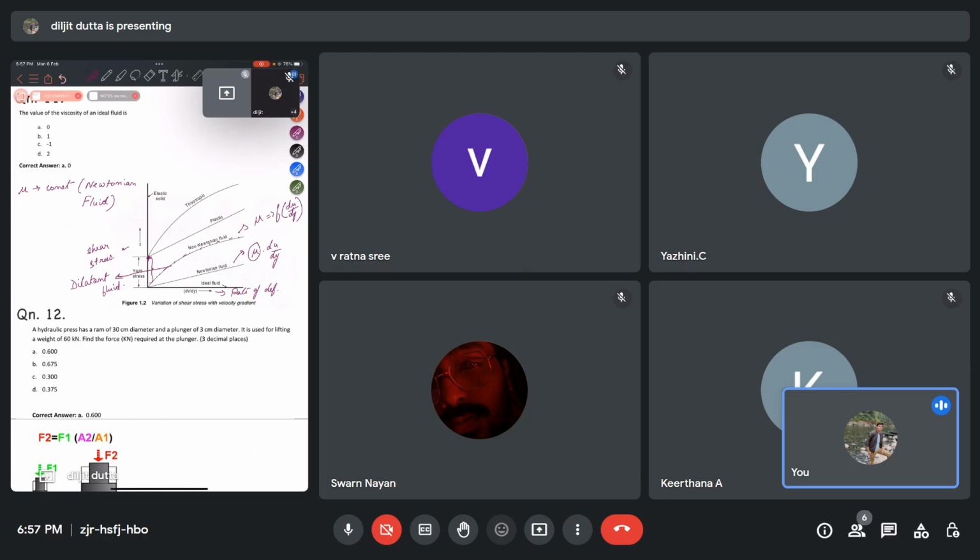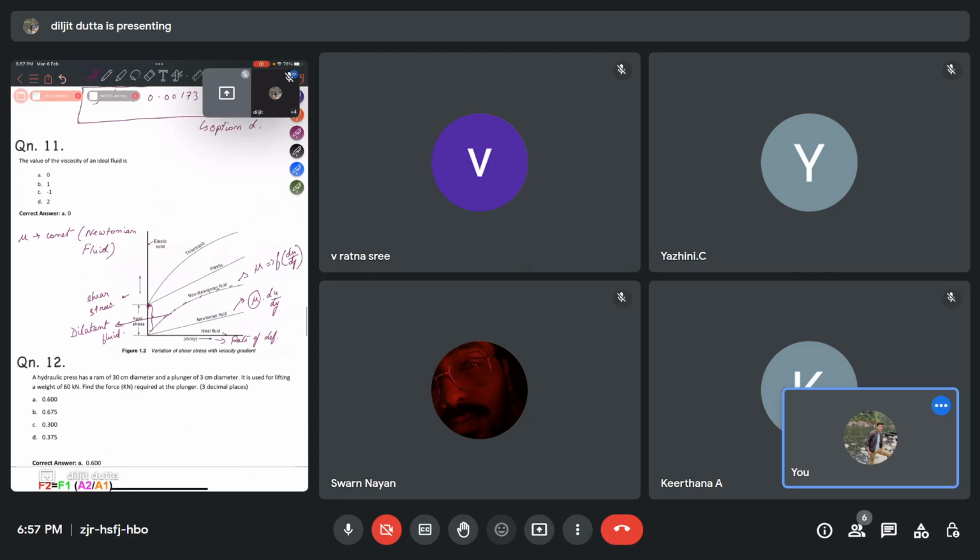Only if the stress is higher than the threshold will the fluid follow the property that it is linearly proportional to the rate of deformation. The equation of a plastic fluid is mu into du by dy plus A, where A is the threshold.